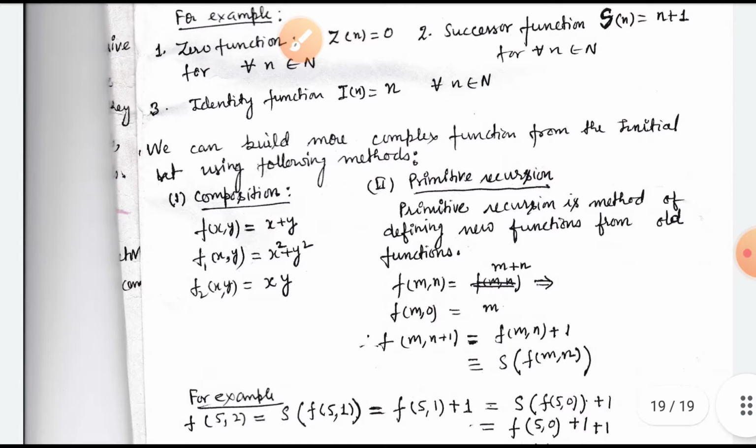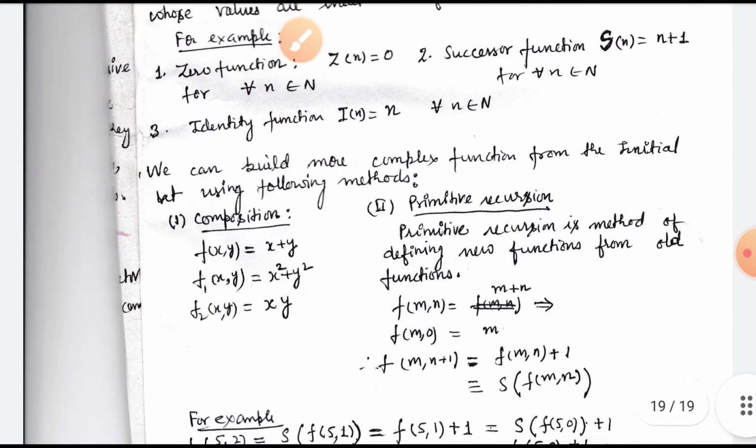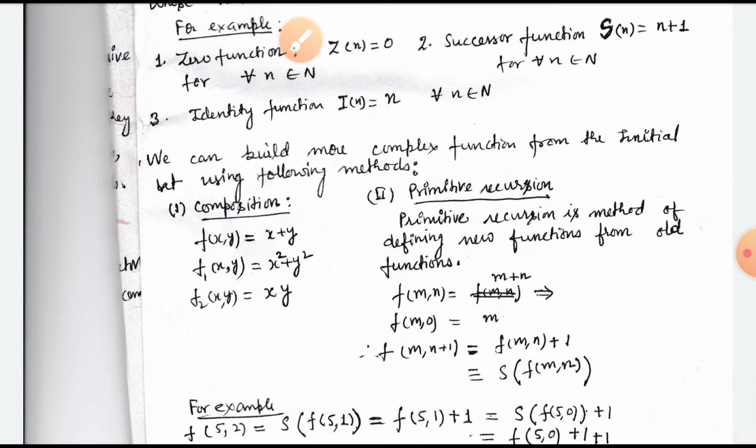We can build more complex functions from the initial set using the following methods: composition. Here in f of x, y, we are using two variables x, y, and this function does an operation on these two variables, x plus y. In the same way, f of x, y is equal to x square plus y square.